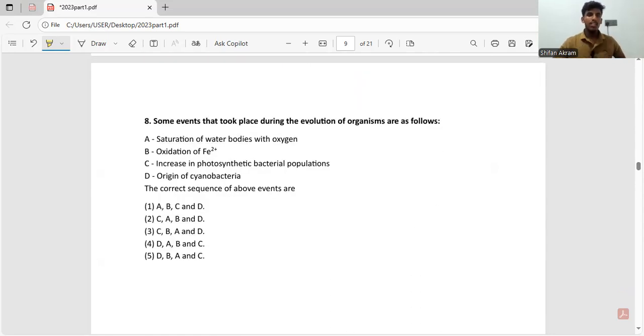Okay, now let's go to the eighth question. Some events that took place during the evolution of organisms are as follows. They have given saturation of water bodies with oxygen, oxidation of iron, and increase in photosynthetic bacterial population. For all these events to occur, first we need oxygen, right? Where did oxygen initially come from? It comes from cyanobacteria.